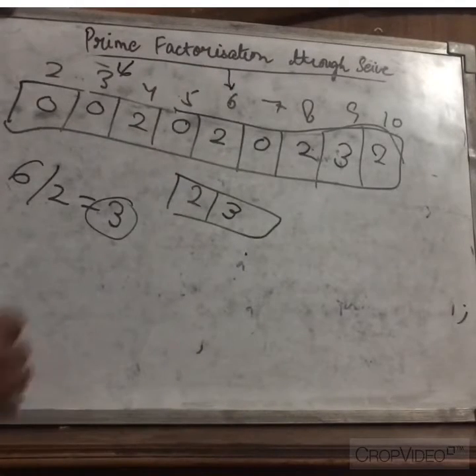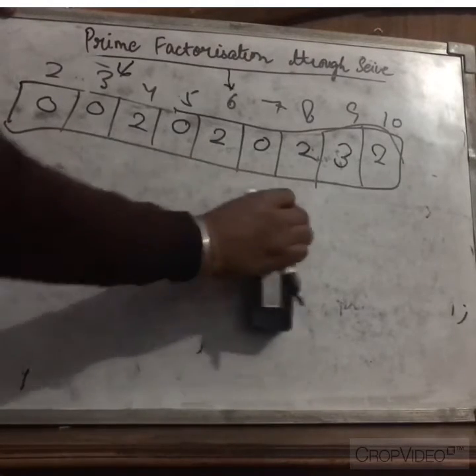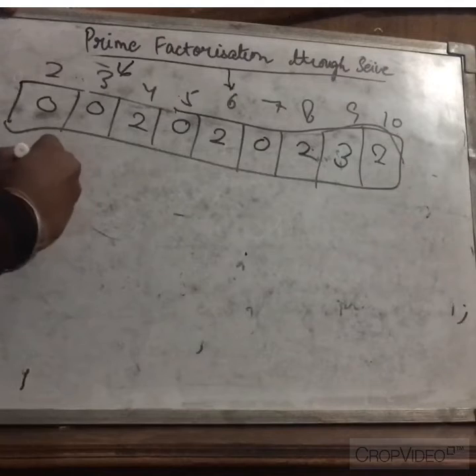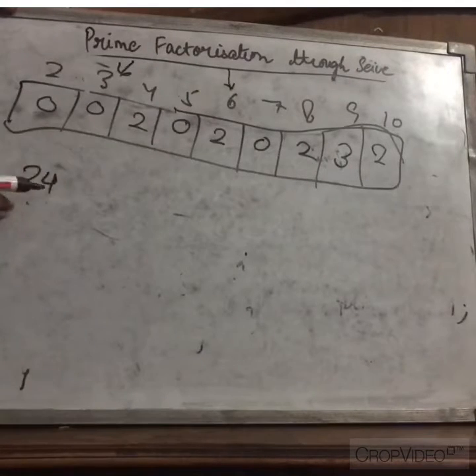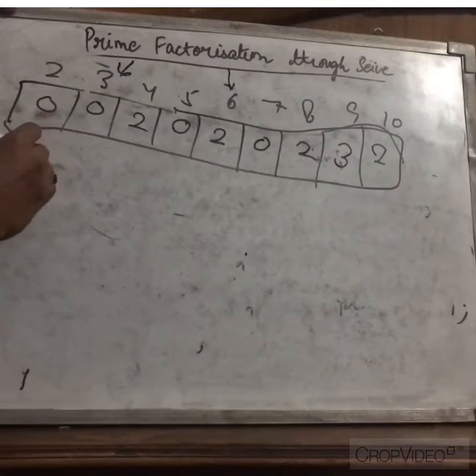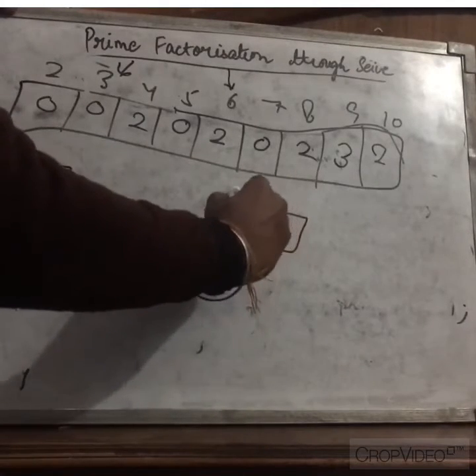Let me take another example. Let us consider you want to find all the prime factors of 24. The minimum prime factor of 24 is 2, so the value at 24 will be 2. I will push it into the array.